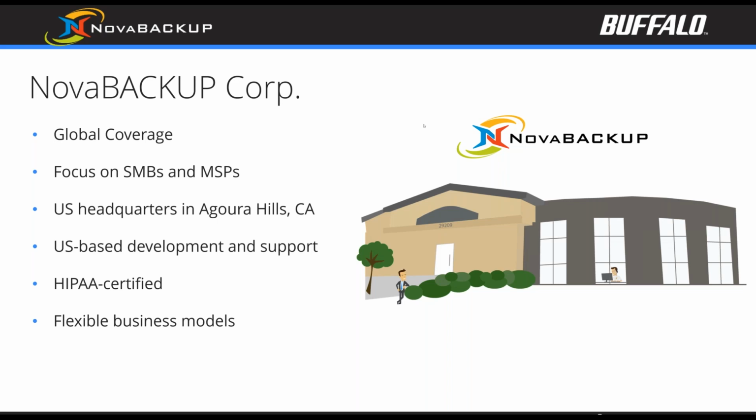So those people out in the Midwest, where a couple of our techs are, are not getting that 76 degree weather right now. Our development and support, like I said, is here in the U.S. We do a bunch of certifications for HIPAA and some other things because we do a lot of work in medical, dental, and some government too. And we have a number of flexible business models depending on what you're looking for in a solution.